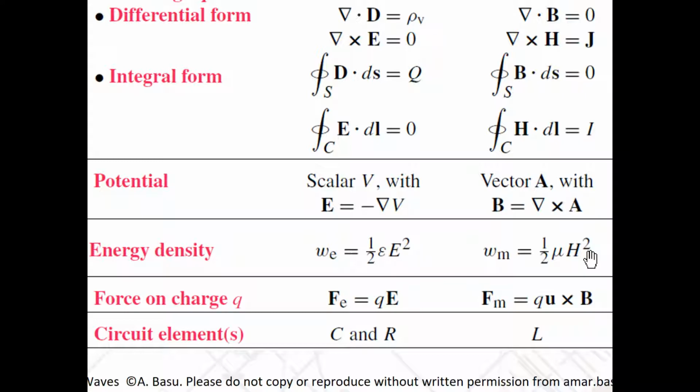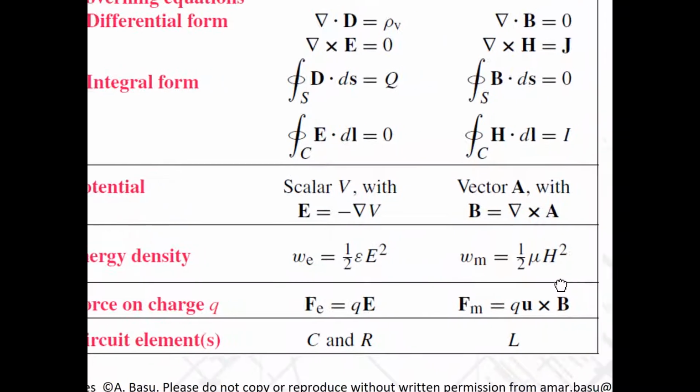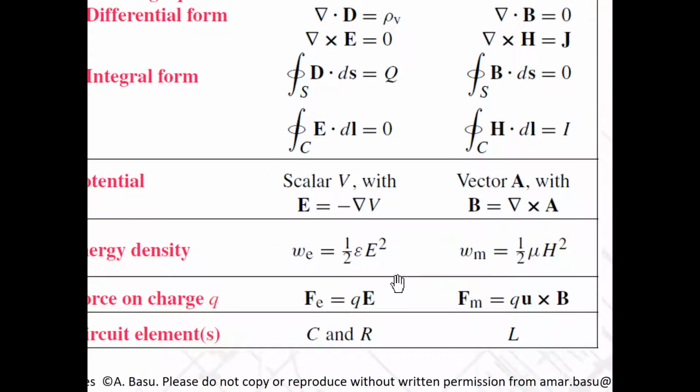So wherever you have a voltage, wherever you have an electric field, it represents a storage of potential energy. So E is equal to negative del V. This relates the electric field to the scalar potential. Wherever you have electric fields, you have some associated electrostatic potential energy.